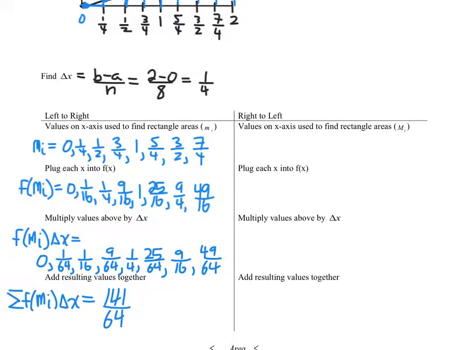I hear a lot of non-committal. 35 over 16? 140 over 16. What, 40 over 16? Over 16.